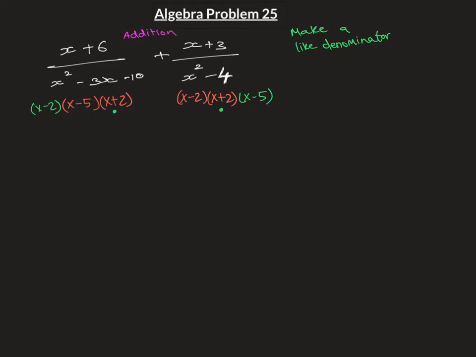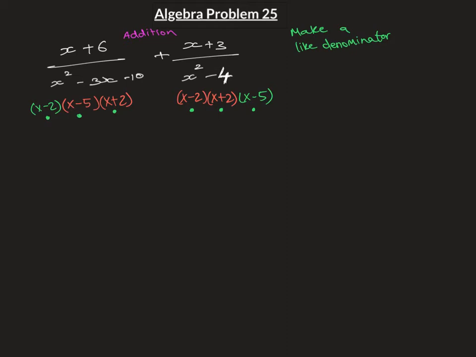Now we can go ahead and read it out. Is x minus 2 in the left, and is x minus 2 in the right? It is. Now is x minus 5 in the left? Is x minus 5 in the right? It is. And then x plus 2 is in the left, and x plus 2 is in the right. So now we've created a completely equal denominator.